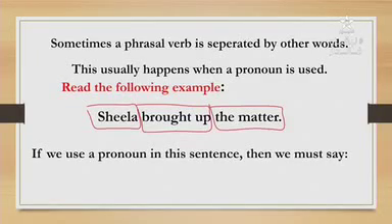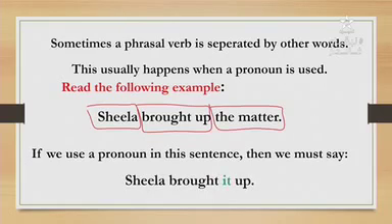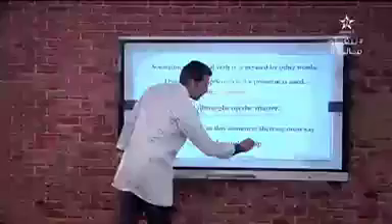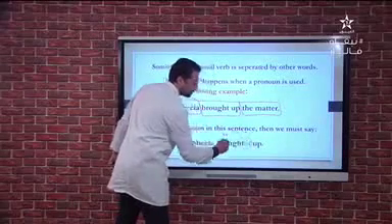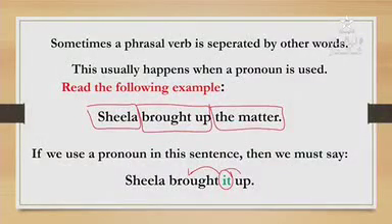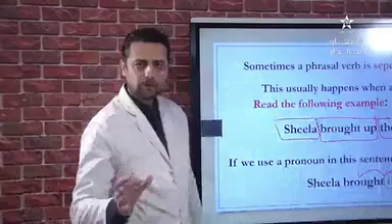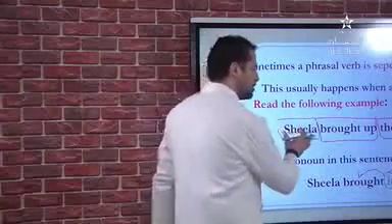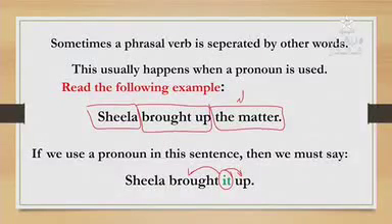But if you want to replace, for example, the matter, which is the object, we use the pronoun in this sentence like this one here. We have: Sheila brought it up, which means be careful with the position of it. It's between the verb and the preposition, which means if we follow the logical order, we're going to say Sheila brought up it.